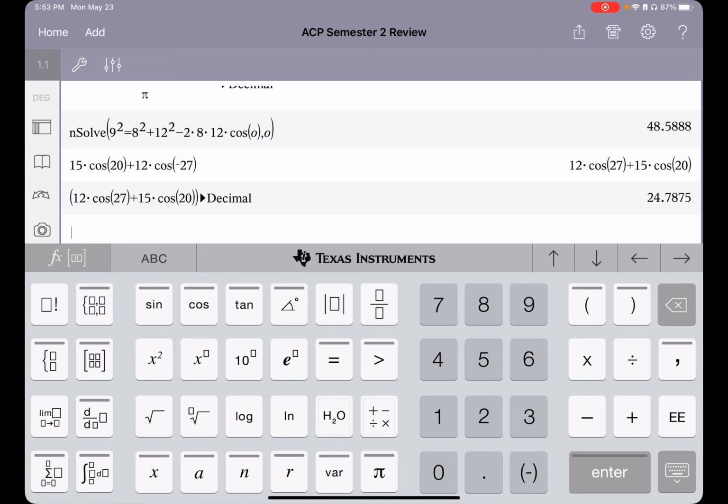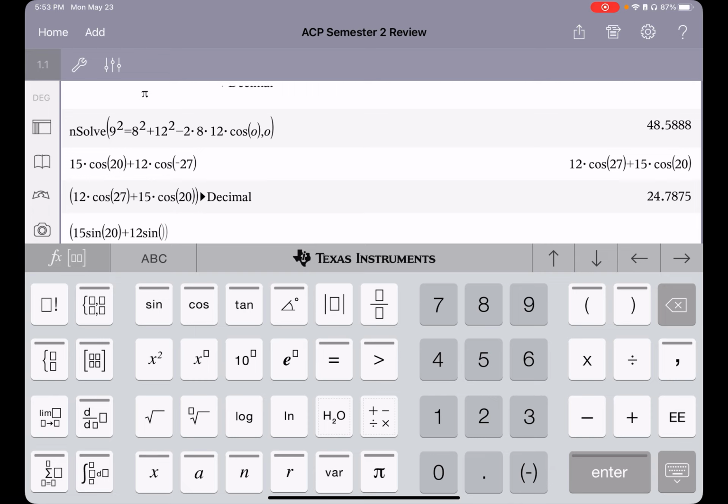Enter. So it's 24.78. I'm gonna do the same thing. 15. I'm gonna put this whole thing in parentheses and do this all in one step. 15 sine of 20 plus 12 sine of, wait, did I do it wrong? Oh no, that's fine.